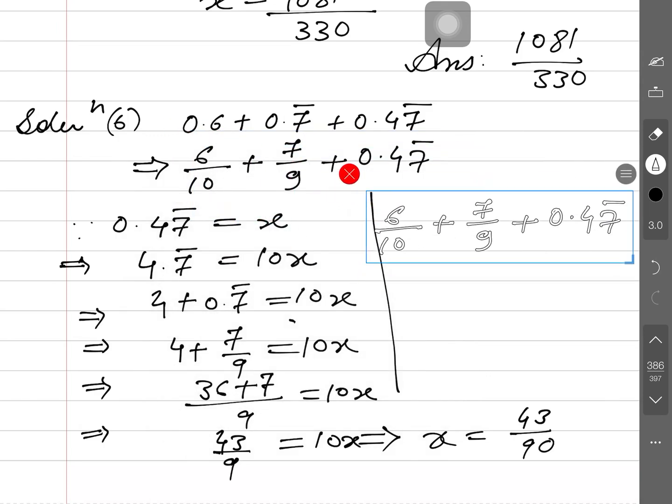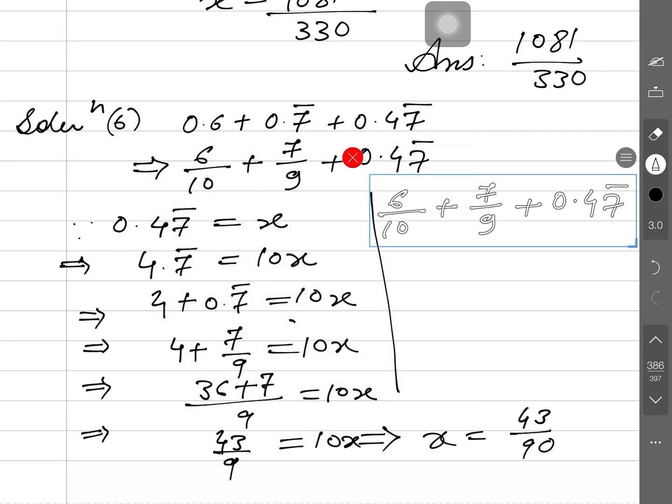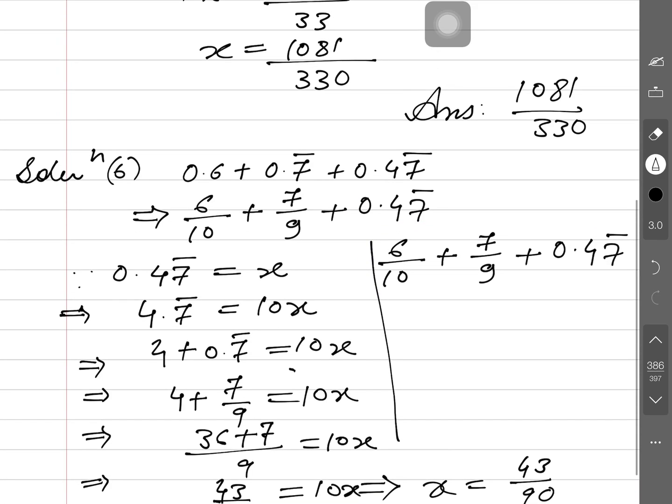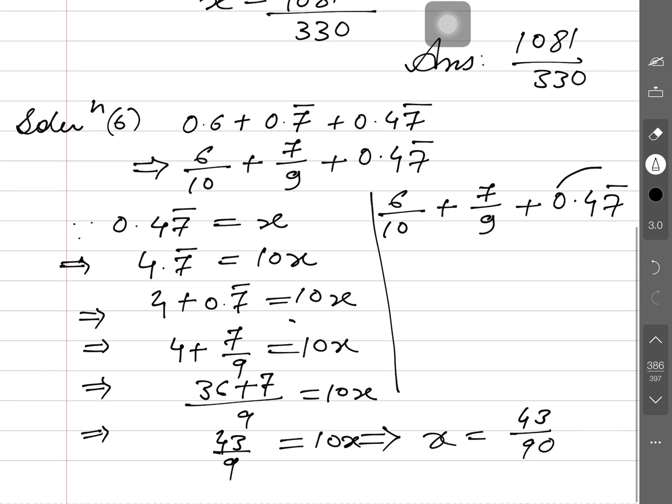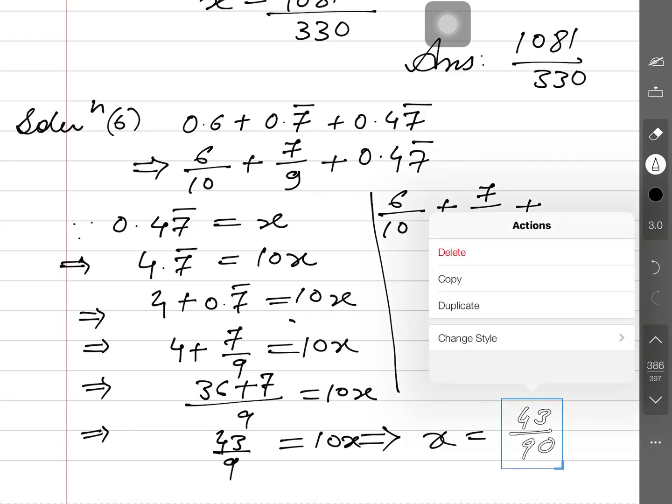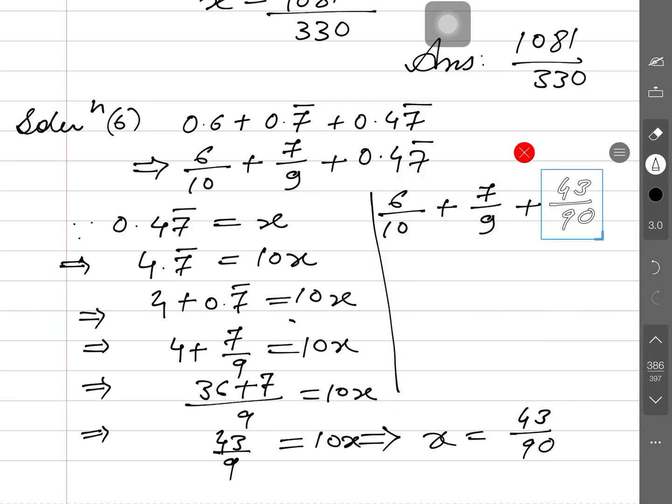Here is to be written this, and in this place you will write the value that comes. So, after solving that you will apply this. After that what is to be done? LCM is to be taken here.